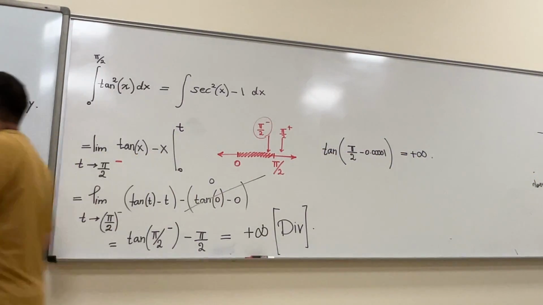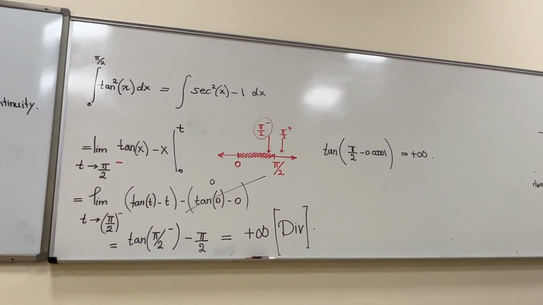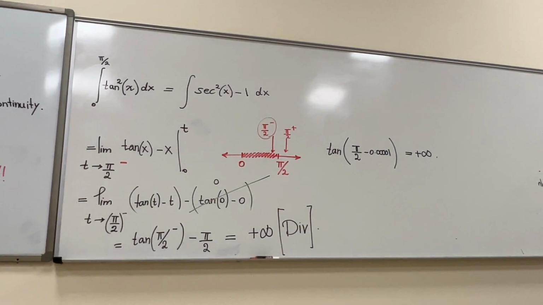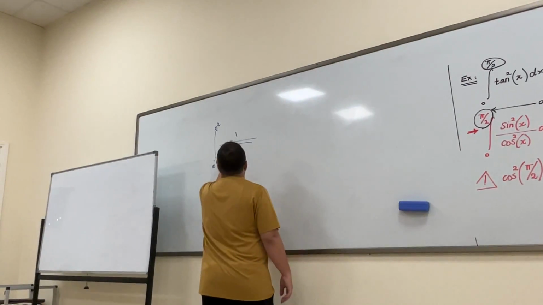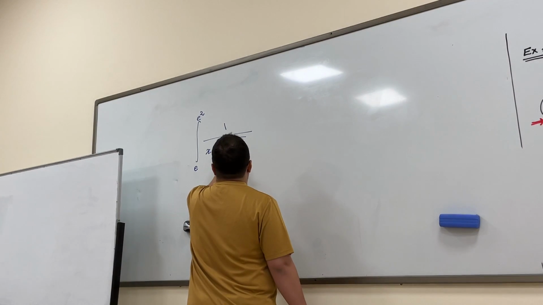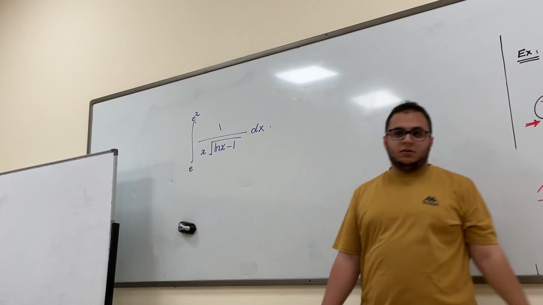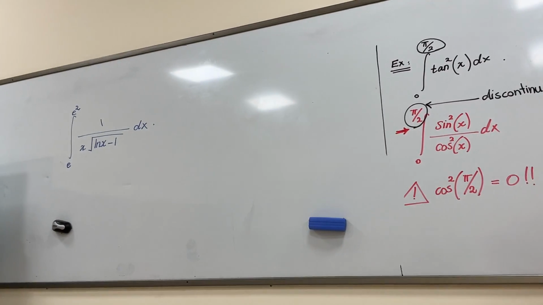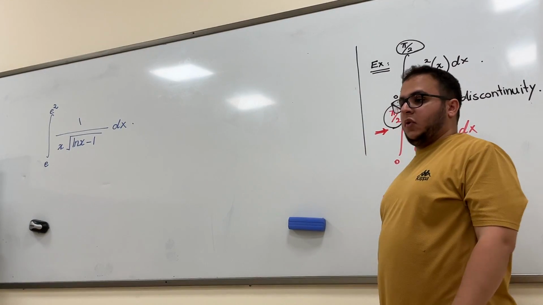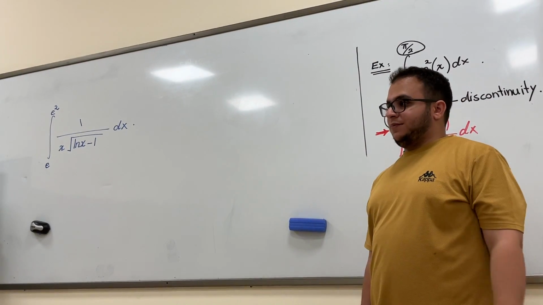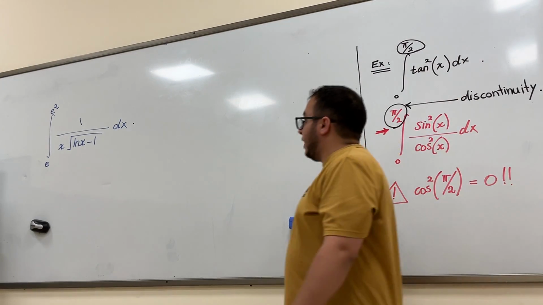Should we do one more? Let's do this one. I hope I remember correctly. Type 1 or type 2, and why? It has a discontinuity at e.